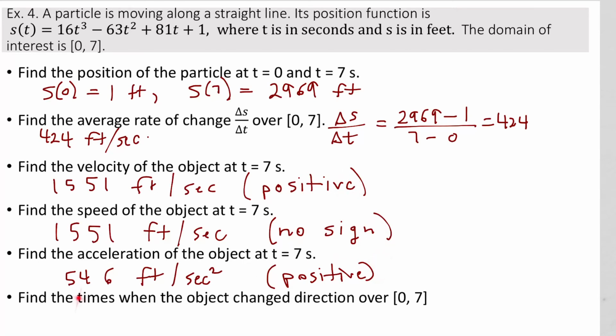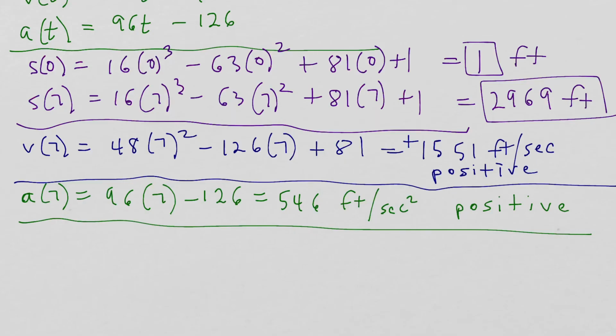Okay, the last question says find the times when the object changed direction over the time interval 0 to 7. So this is when the velocity goes to 0. We have to find those times where the velocity goes to 0, so v of t must be 0.